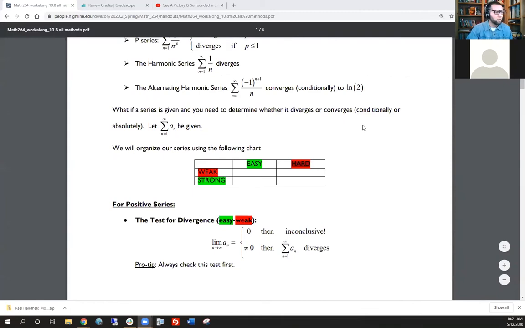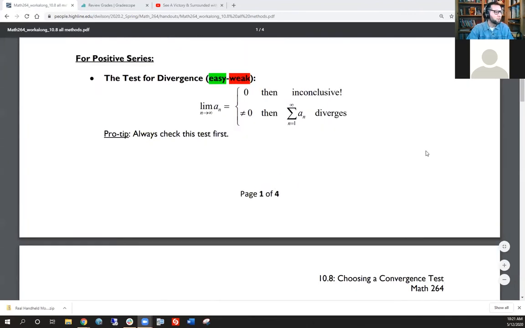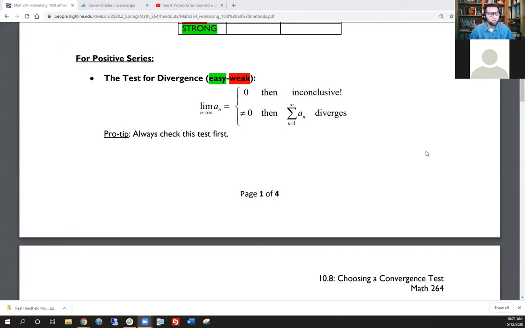All right. So using that theme, let's look at some of these series. So the very first test is the test for divergence, also known as the divergence test, depending upon which text you look at. And what we have is that if the limit of the terms doesn't go to 0, then the series diverges.